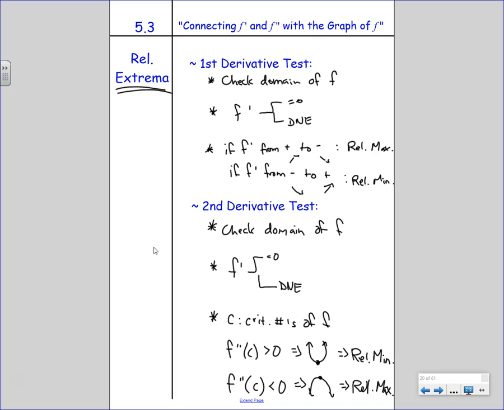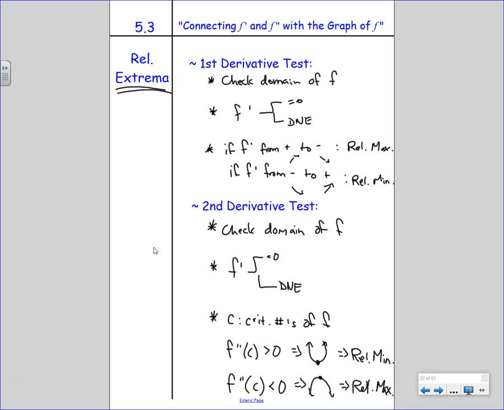The slopes. Critical numbers first, then sign changes of the slopes, aka sign chart. First derivative test for relative extrema. I'm having you summarize it without just using my words, because you've done it with my words already this year. First derivative test, that's for relative extrema.